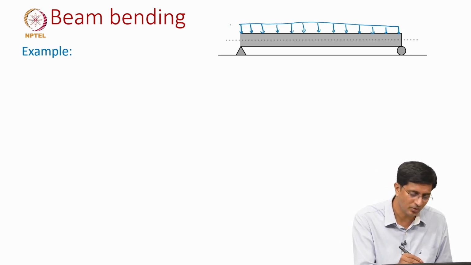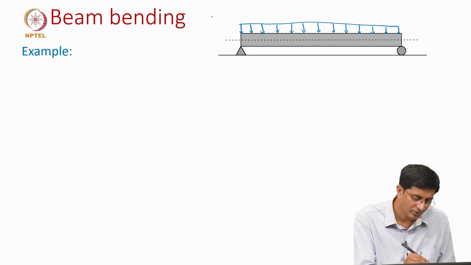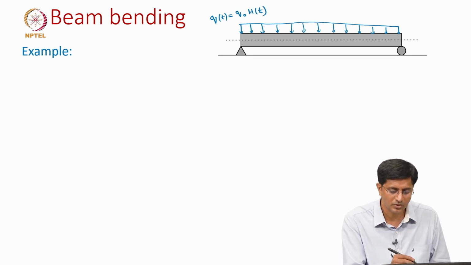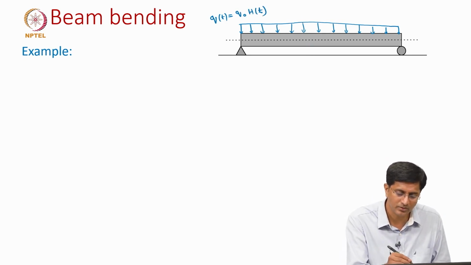Let us say this load is given as Q of t, which is Q naught times the step function H of t. Okay. So, and let us also take that the length of the beam is L.